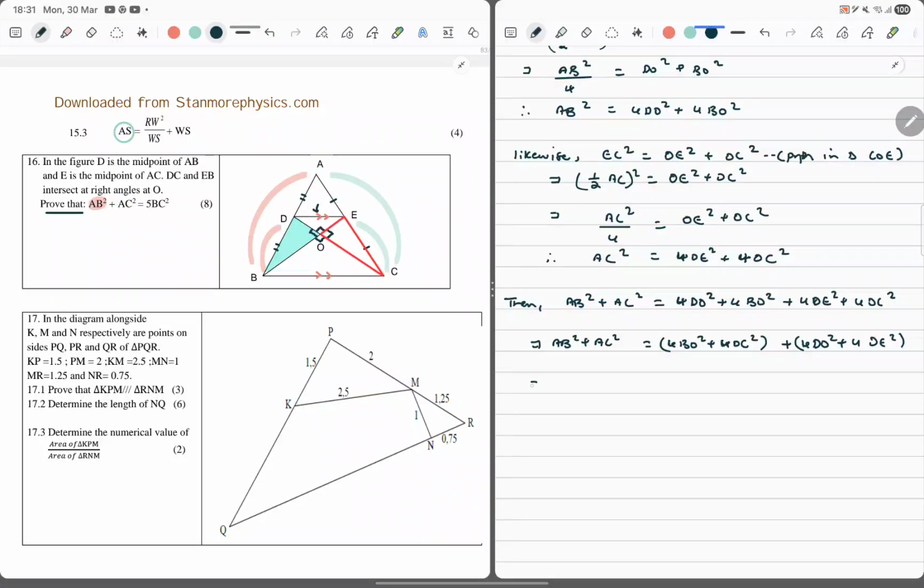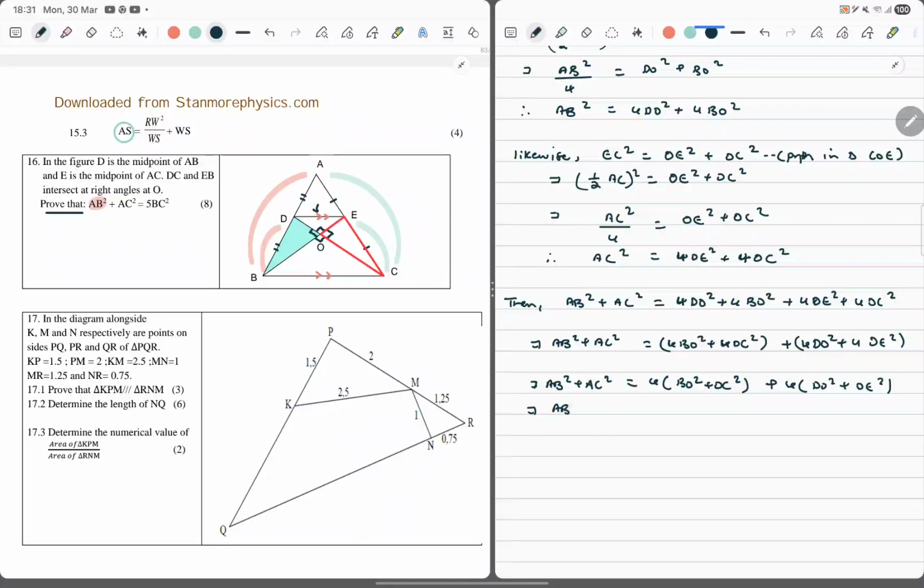All right, so we factorize nicely. We factor out the 4, we end up with BO squared plus OC squared plus 4 into, now this is going to be DO squared plus OE squared.